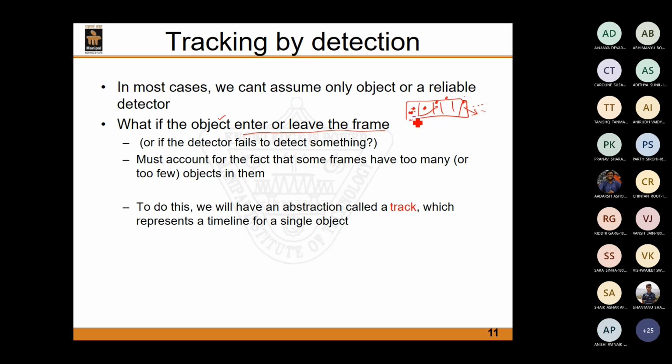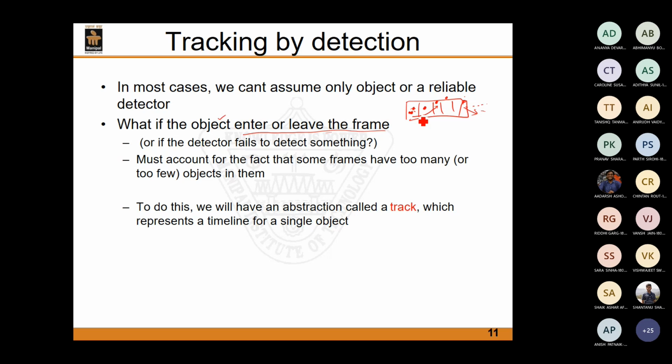Once these detector output responses are obtained for each of the frames, we can link them together to get the trajectory or the path in which the object is moving. Now there may be a case where the object enters or leaves the frame.